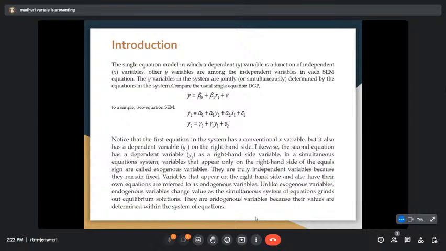Whenever we are going to do research, only then are all these statistical and econometric applications useful.